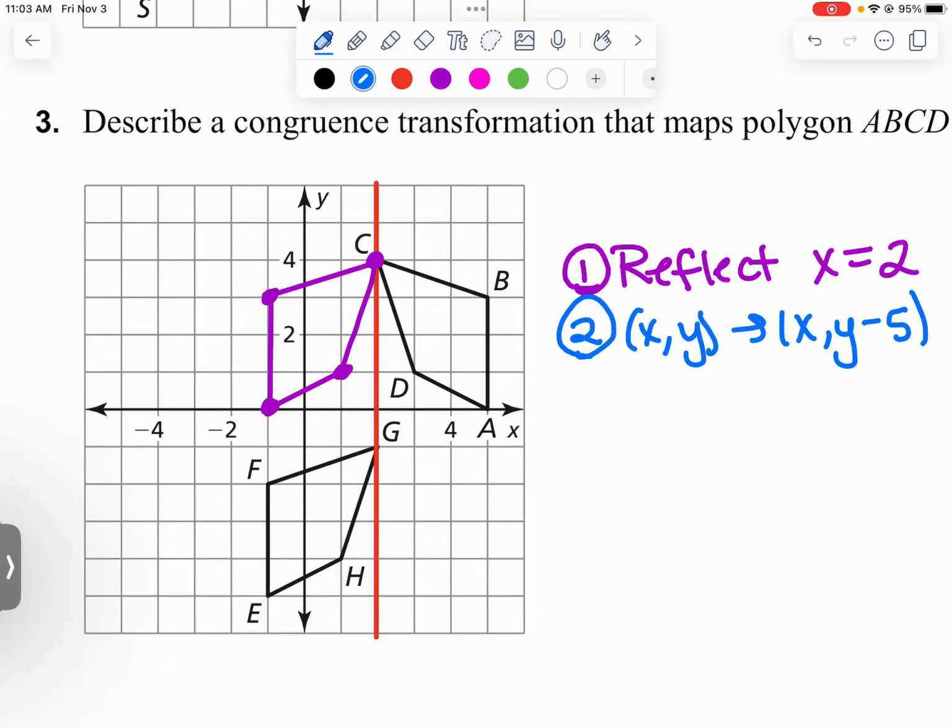Very interesting. Now, could we have reflected across the y-axis and then done a different translation? Yeah, we could have. So there could be a couple different correct answers. That's okay. You see what I'm saying?